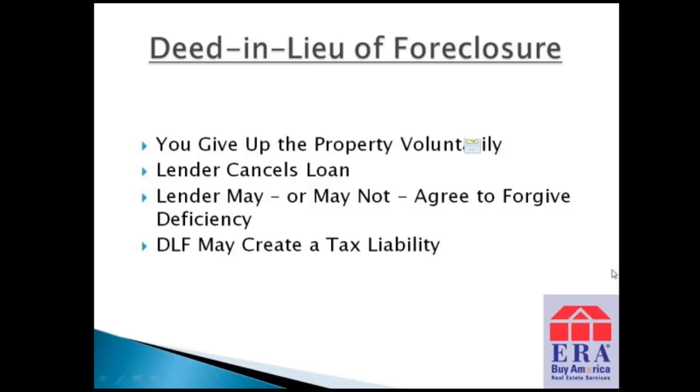Kevin Kelly would be responsible for a $600,000 loan on a house that I may have sold to someone in a deed in lieu of foreclosure for $400,000. Therefore, we get to point 3, which is lender may or may not agree to forgive the deficiency. In the scenario I just ran through, that's $200,000. If they do not forgive that deficiency to me, it becomes a tax liability for me.